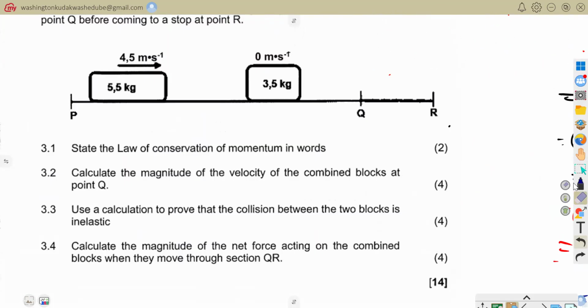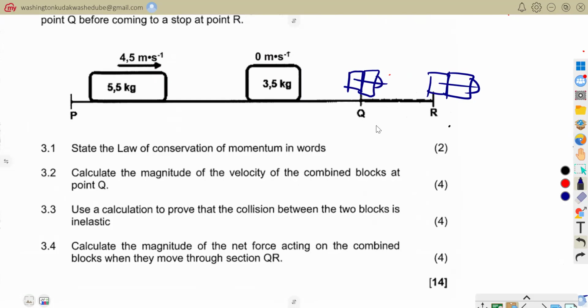So they want us to calculate the net force that is acting upon the two objects when they move from P to Q. What is making these two objects come to rest? That is the net force that we want to calculate.